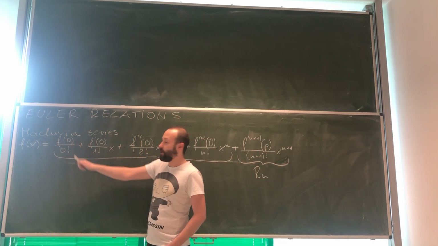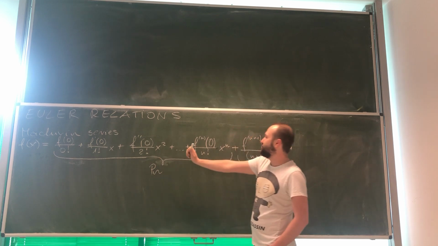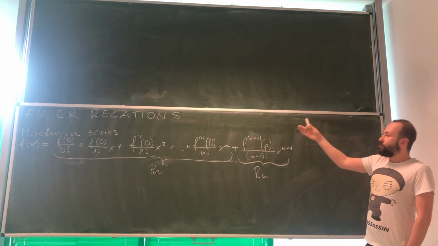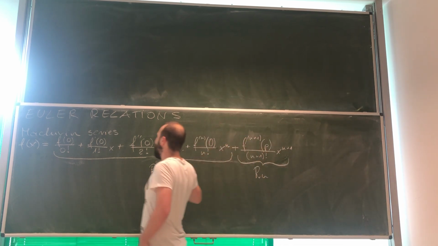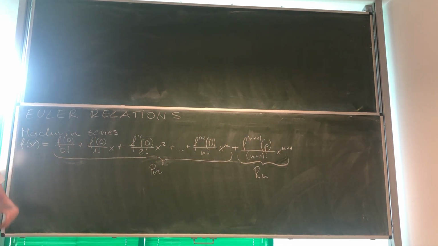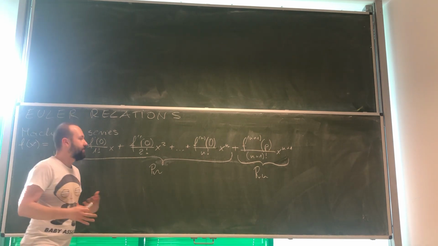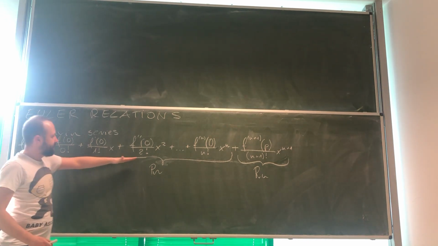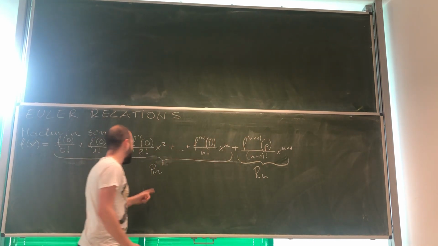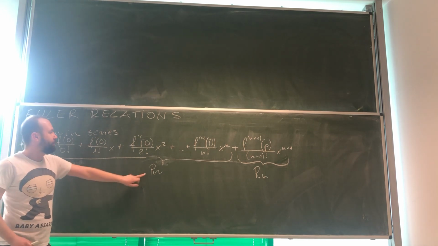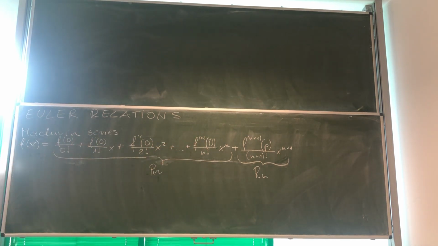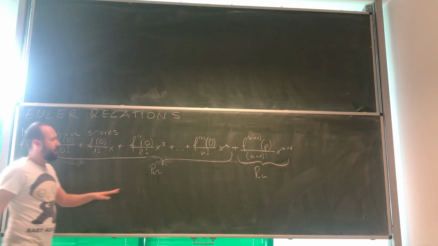Here is like x to the power of 0, and we've got x to the power of 1, 2, until n. And of course, the more elements in the series we have, the better approximation of the function we've got. We were denoting this part as polynomial Pn, because n is the degree of the polynomial.